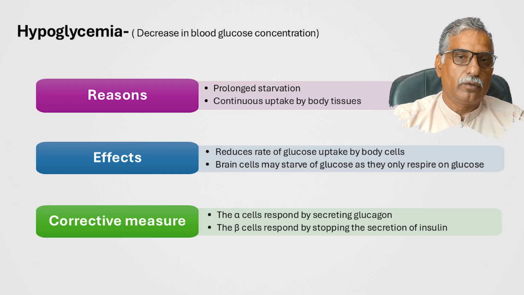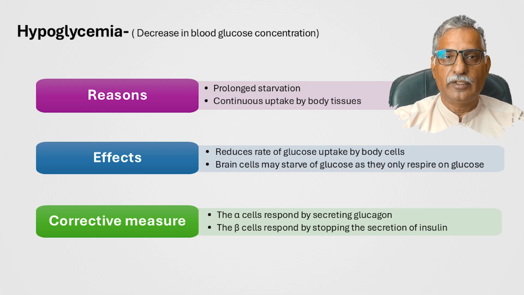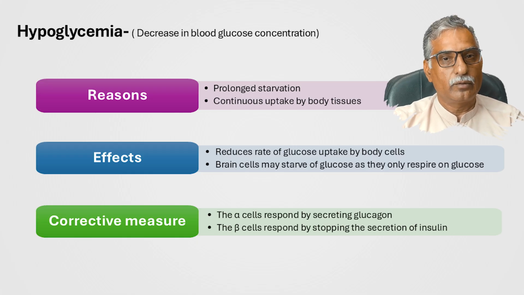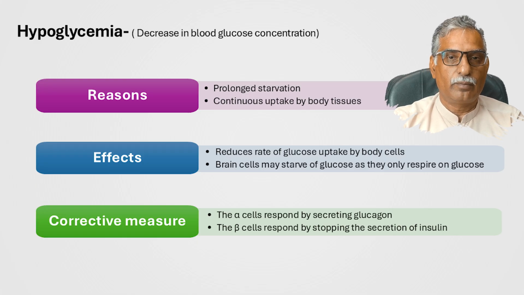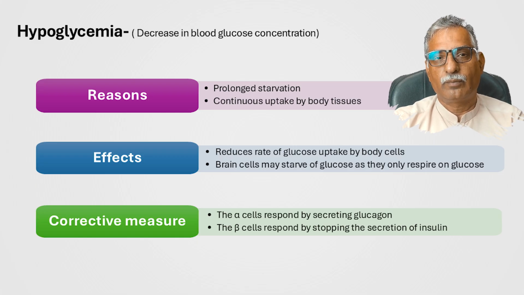If the blood glucose concentration starts decreasing, again both of these alpha cells and beta cells respond to the decreased blood glucose concentration. This time alpha cells respond by increasing the secretion of glucagon, and beta cells will respond by decreasing the secretion of insulin.